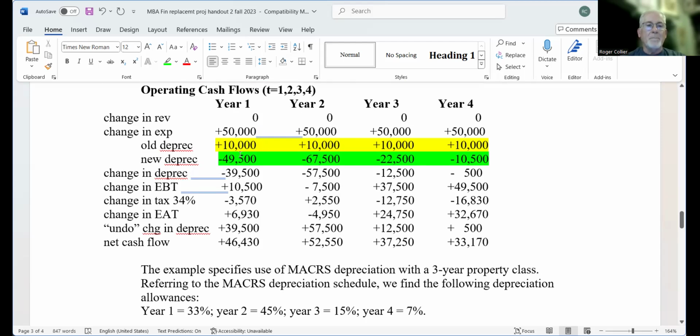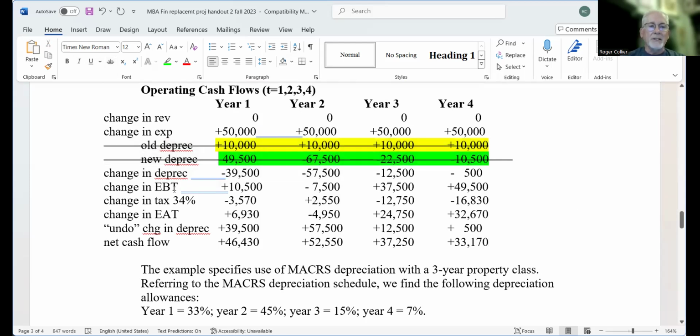Plus 10,000 minus 49,000 is minus 39.5. Plus 10,000 minus 67.5 is 57.5 negative, and so on and so on. And then we will not use the new and the old again.